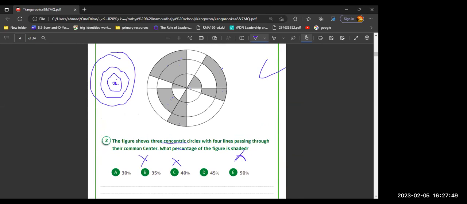All right, guys, suppose that we take this slice and put it here. Now this one is shaded, and this is not. Now let's take this arc here and put it here.